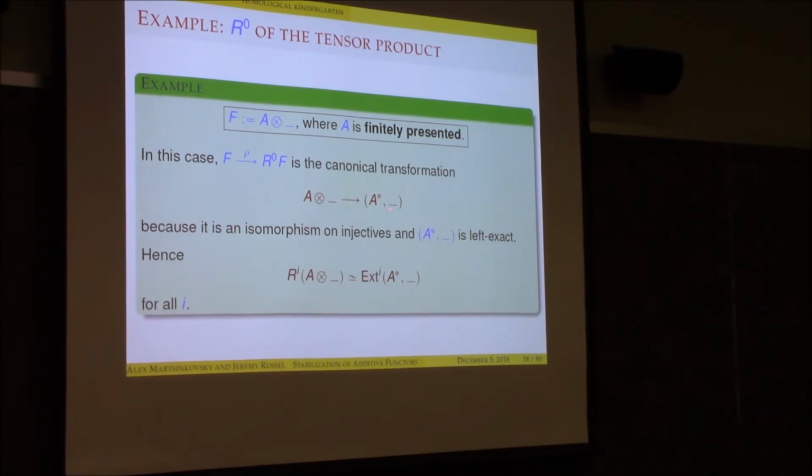If it's an isomorphism on injectives, and this is left exact, you know that's the zeroth right derived functor by the uniqueness property. So the zeroth right derived functor of the tensor product is Hom, and the higher derived functors are Ext's. So after several drinks, you can say, no, no, you're wrong. The derived functor of the tensor product is Ext.